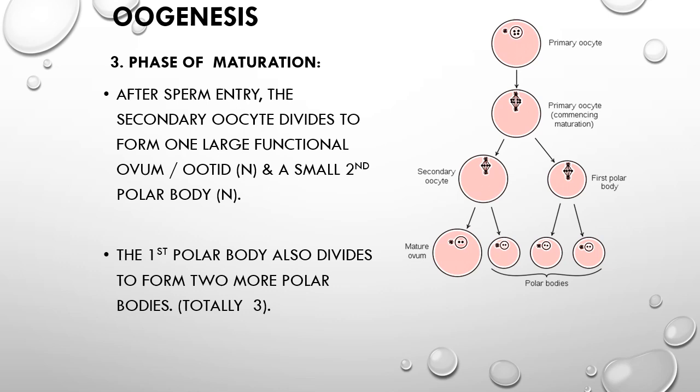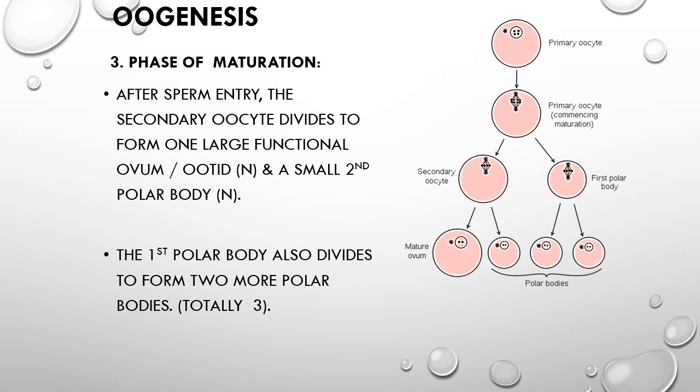So here in the first step, meiosis 1, the primary oocyte will divide into two structures, namely one secondary oocyte and another the first polar body.